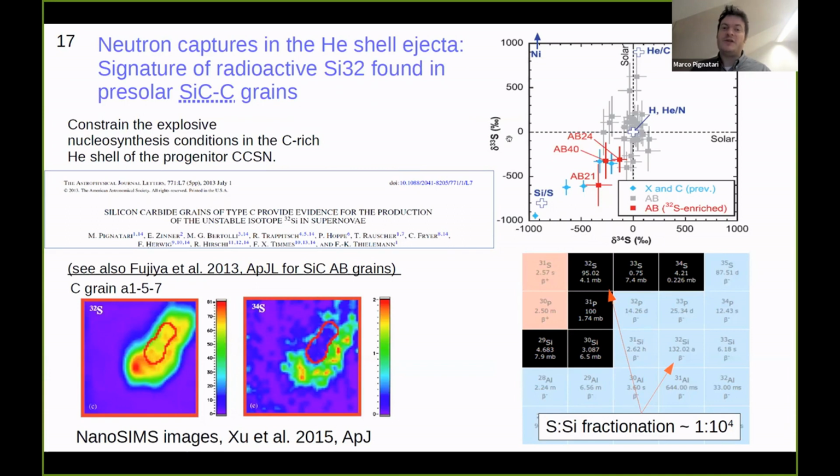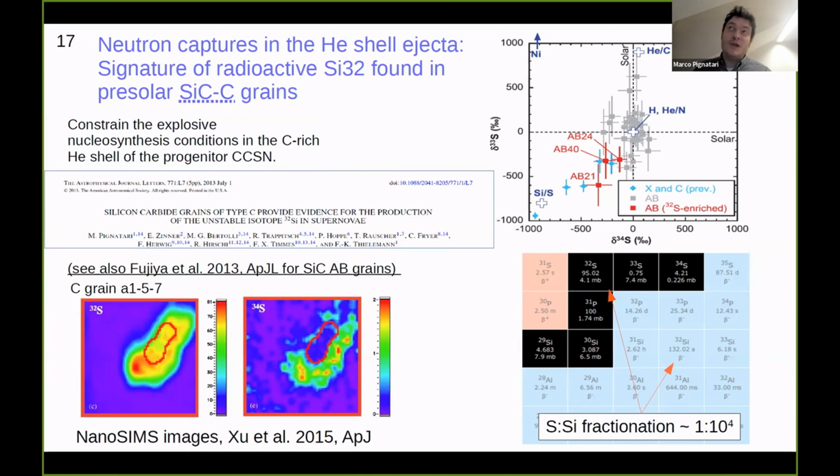So delta sulfur-33 means variation per mil with respect to solar of sulfur-33 over sulfur-32, and the same for sulfur-34. We can explain in this diagram grains like this one down here, at minus 1000, which means it's pure sulfur-32.